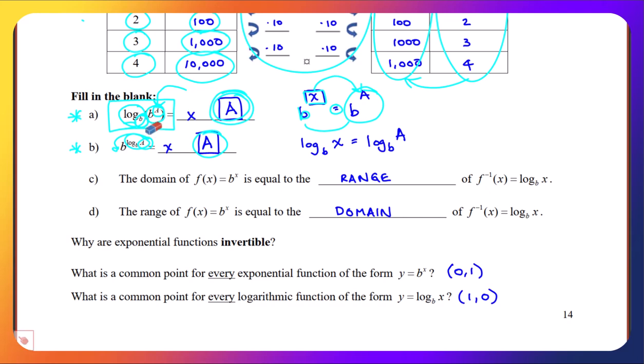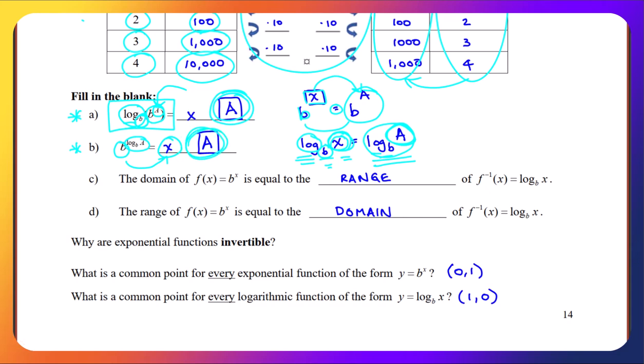I could take this expression and say the exponent of b that gives us something, we'll call that x. That exponent is this thing up here. The exponent of b that gives you x is that thing up there. Well, if things are equal, they're equal. Log base b of b to the a, the x has to be a.